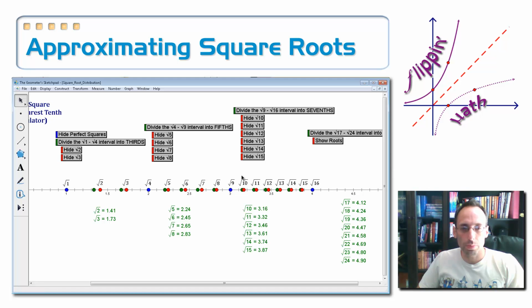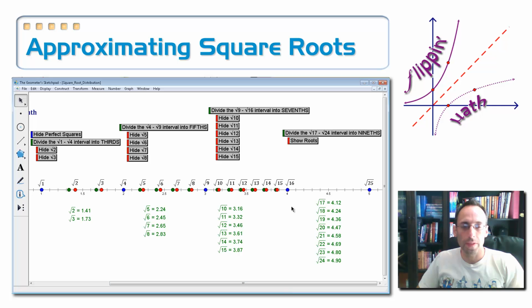You can see that those are pretty close to each other. Let's do this one more time, from the square root of 16 to the square root of 25. Divide this one into 9, since 25 minus 16 is 9. So 9 equally spaced dots, and show where the actual roots are.